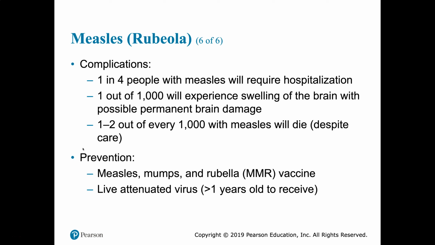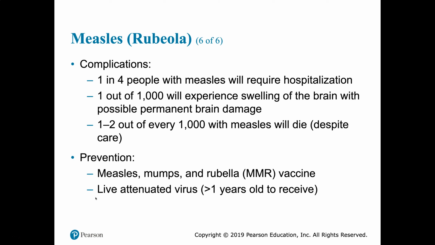There is the MMR vaccine, and it's a live attenuated version. Remember, if you're giving somebody a live attenuated vaccine, you can't give it to young children, right? Especially, we usually lay the cutoff at about 1 year, 1 to 1.5 to 2 years old, in that range.